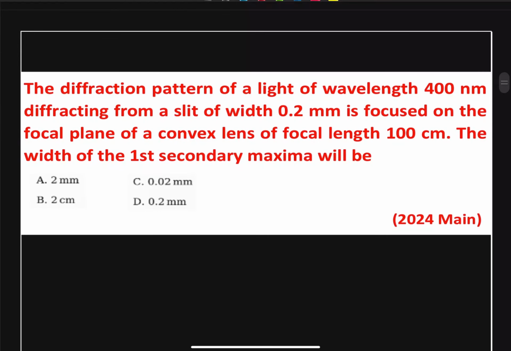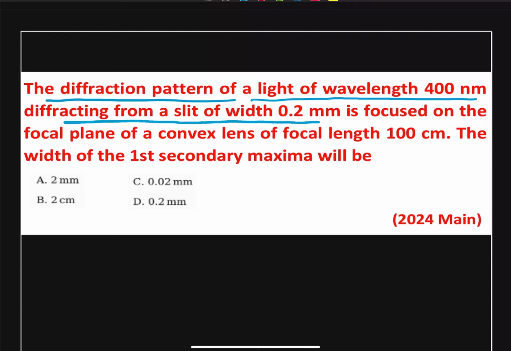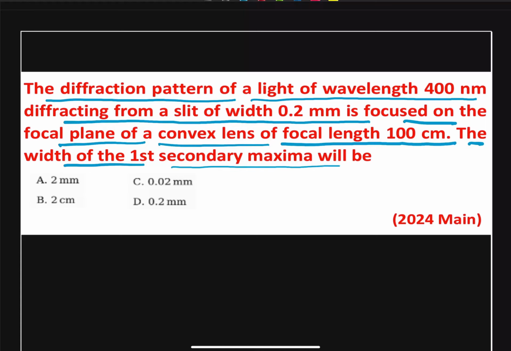And here it was asked that the diffraction pattern of a light of wavelength 400 nanometer diffracting from a slit of width 0.2 millimeter is focused on a focal plane of convex lens of focal length 100 centimeter. The width of the first secondary maxima will be.